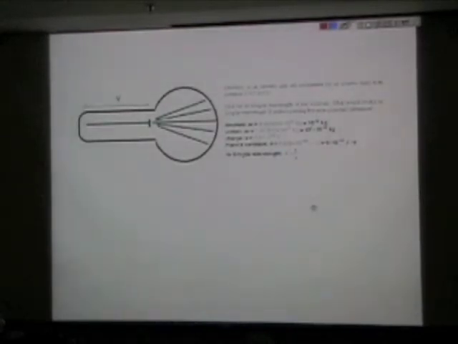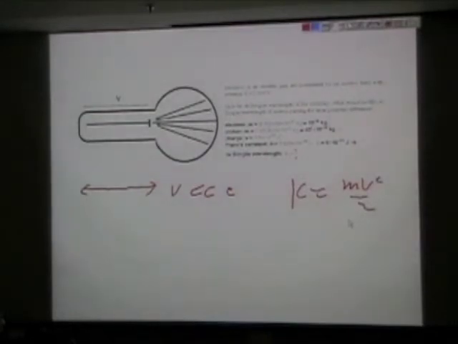Well, this is an example of a problem related to this particular experiment. How would we do this problem? Well, first of all, electrons are getting accelerated. For this particular problem, we assume that the speed is actually much smaller than the speed of light. So for kinetic energy, we still could use mv squared over 2. To calculate the kinetic energy here, we would set it equal to work done by the electric field.